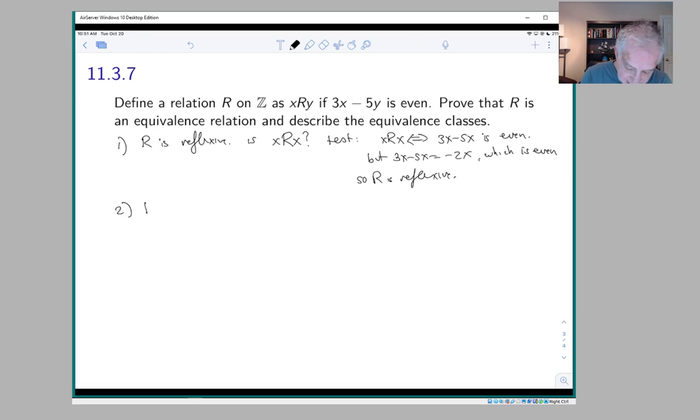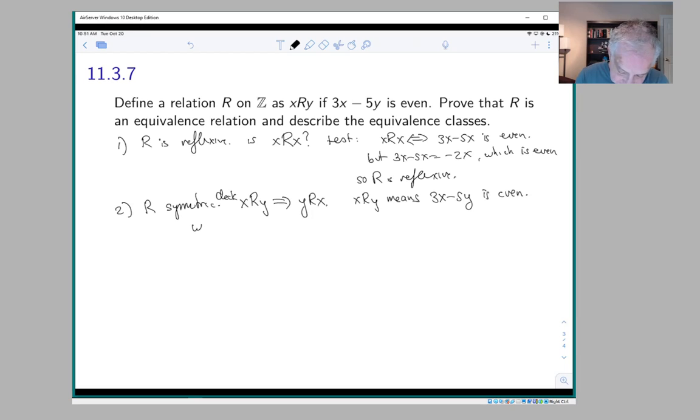What about symmetric? Well, we have to check that xRy implies yRx. So xRy means that 3x minus 5y is even.